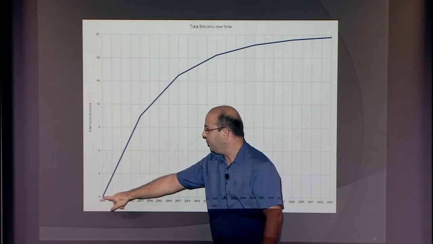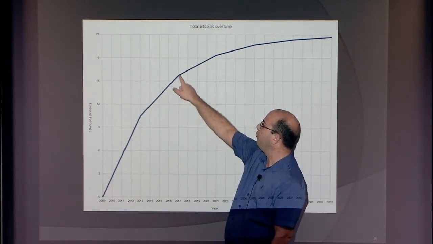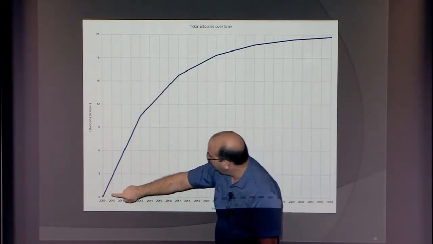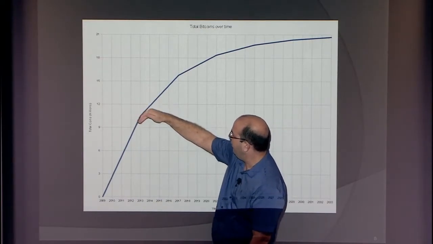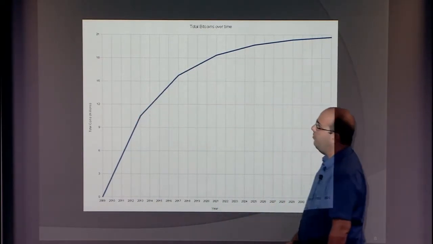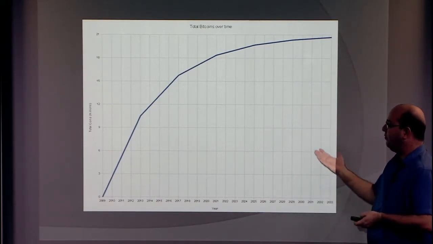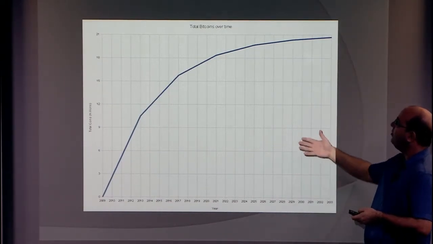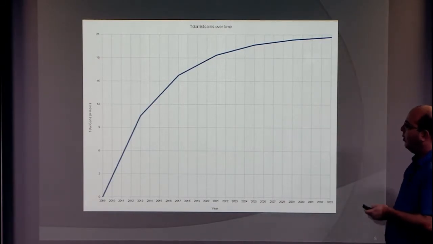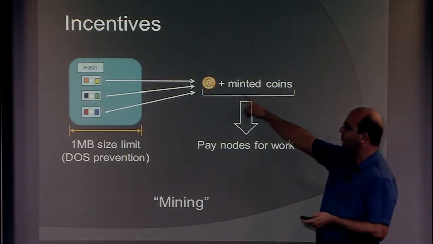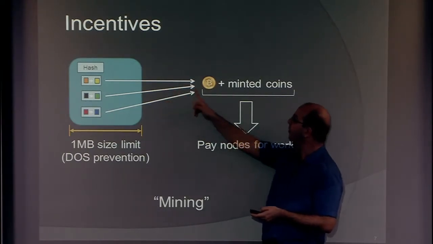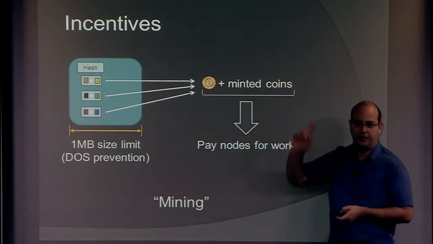We started in 2009, and the rate is halving every 4 years. So it's a little bit hard to see, but this is a straight line, and the slope here is halved, and so on, until this converges. And so the money supply is eventually fixed. Once we get to this point, all of our incentives will be just from the fees from transactions and not from minted currency. Okay?